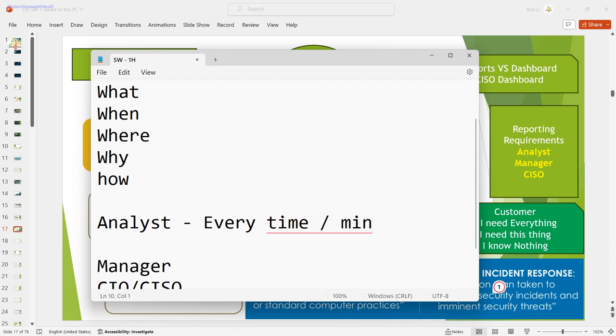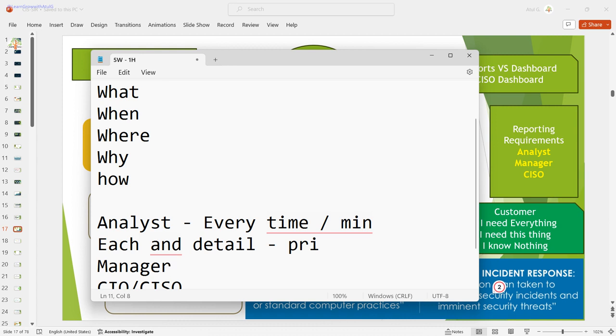Also they need each and every detail, plus they need the priority. Because if multiple incidents have been raised, how will a team know which incident to work on? This is possible only with the help of prioritization. So for the analyst, these 3 things are important.